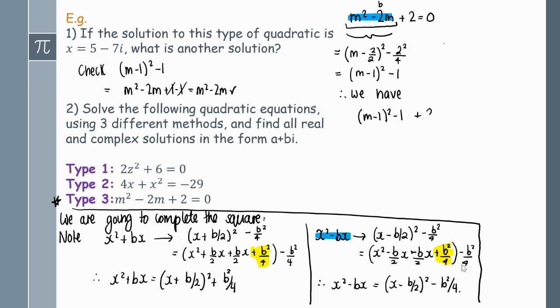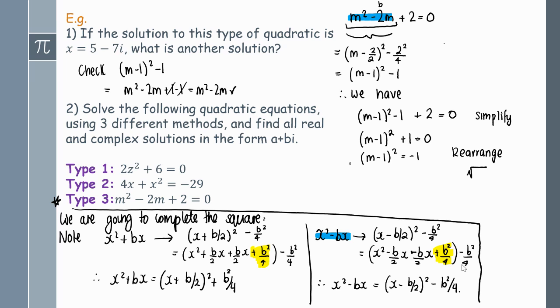So now I can rewrite my equation. m squared minus 2m, I'm just going to sub in m minus 1 all squared minus 1. Remember, I have the plus 2 hanging off the end, and that all equals 0. From here, we're going to simplify where we can, remembering my aim is to get m equals some complex number. Minus 1 plus 2, that's just positive 1. I'm going to take that positive 1 to the right-hand side and rearrange.